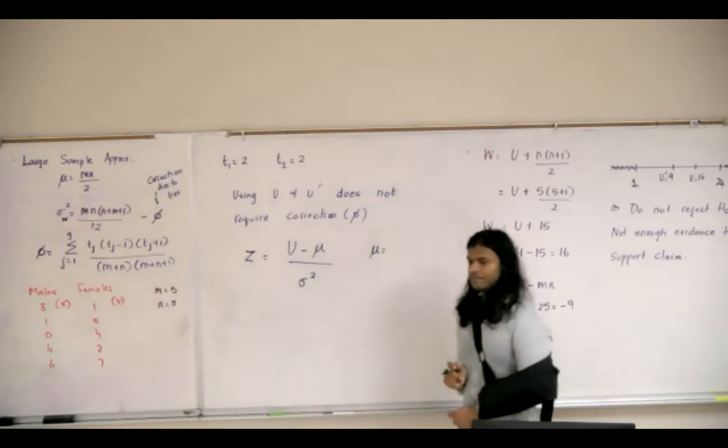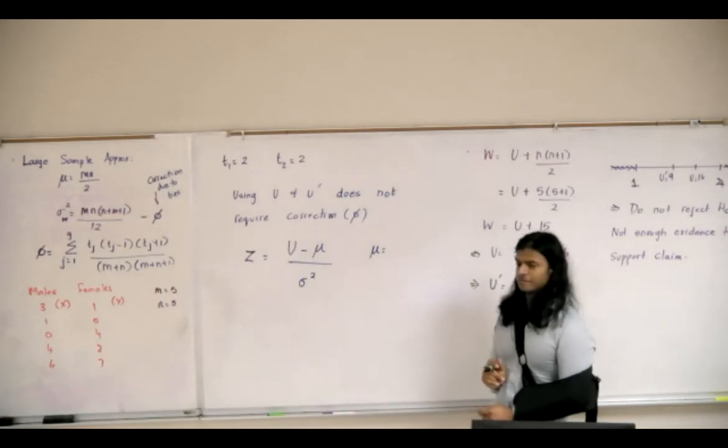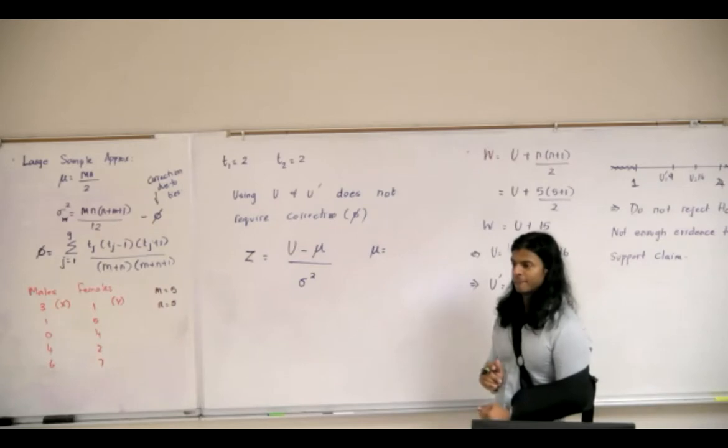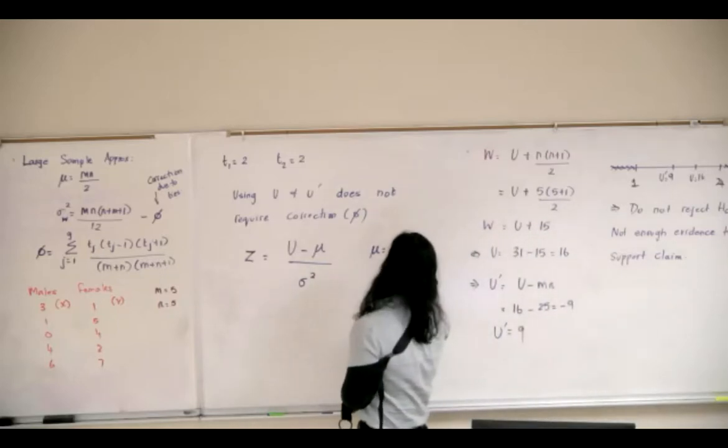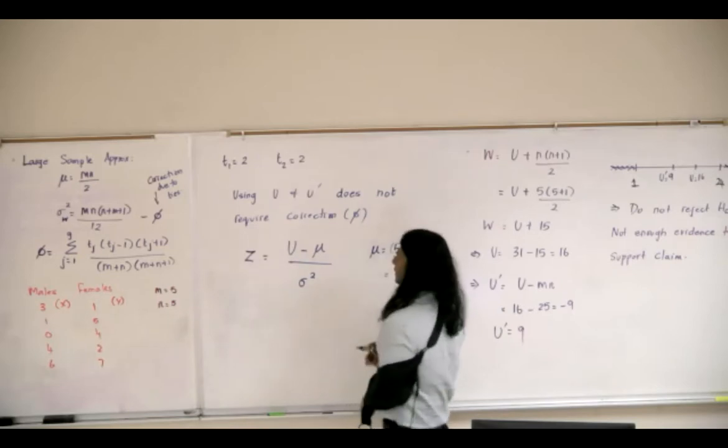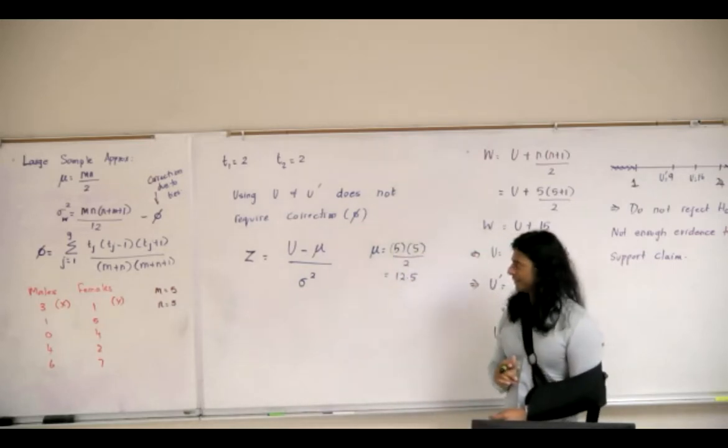What is the mean? M times N divided by 2. You get 12.5.